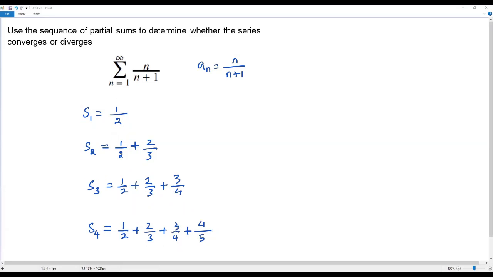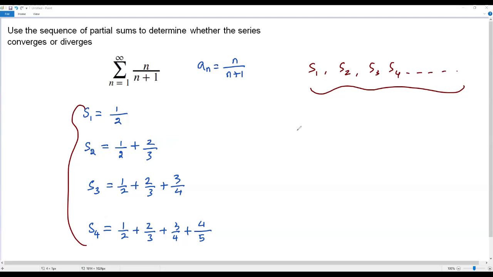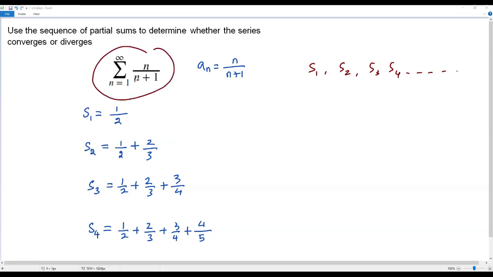Now I have to form a sequence with the partial sums, that is S1, S2, S3, S4, and in this way it keeps going. Now I have formed a sequence with the partial sums I got so far. If the sequence formed by the partial sums converges to a finite value, then we can say the given infinite series converges to that same value.